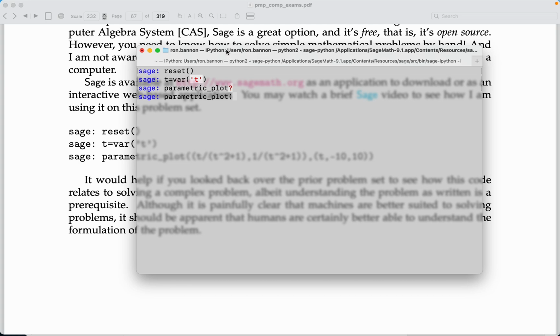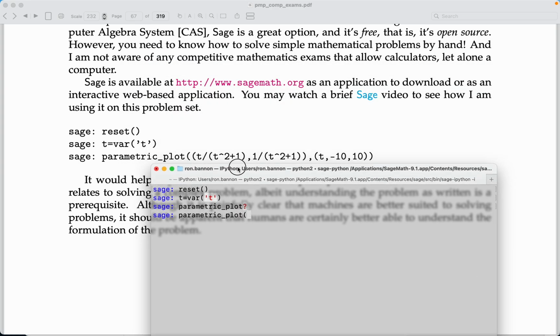And I have the code, so I'm going to look at it. And what we're going to plot is an ordered pair. That's t divided by the quantity t squared plus 1. I'll go back over and I'll show you where this is. Comma, that's the x-coordinate.